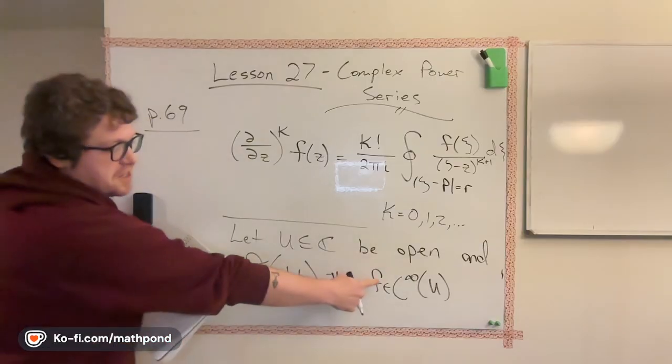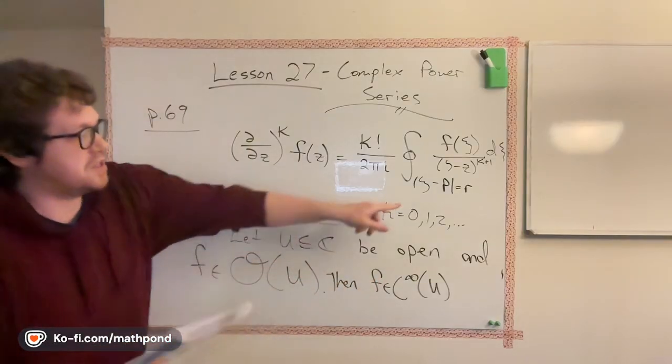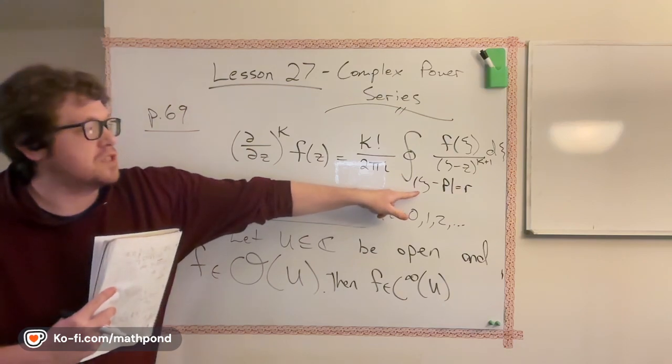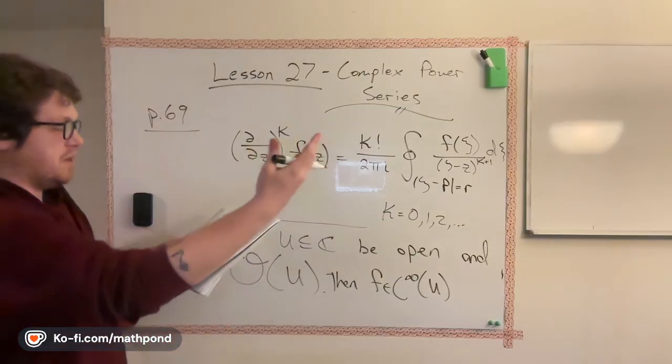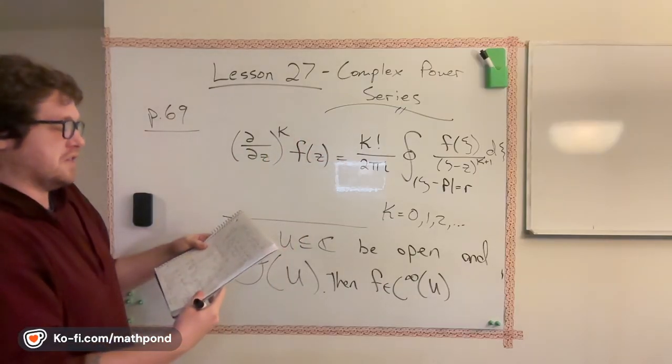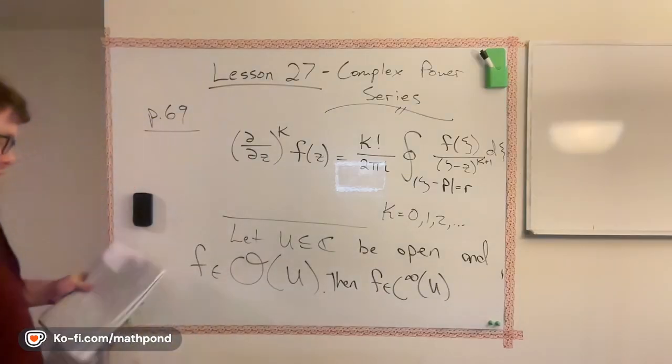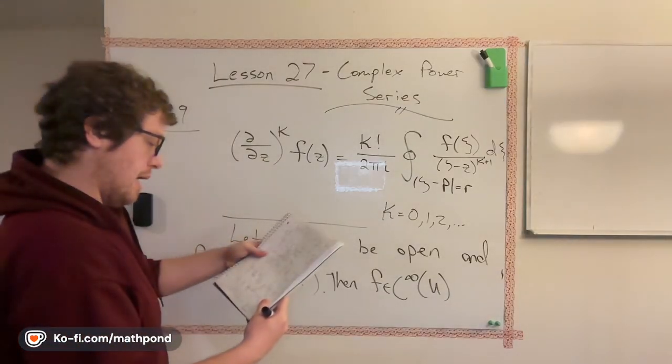Moreover, we need the disk to be contained in U. This disk that we're integrating, the closed disk, needs to be contained inside of U, and z needs to be inside of this disk. So let me just write that.